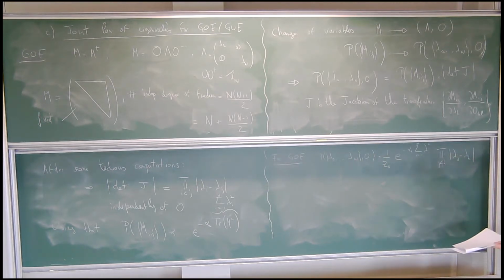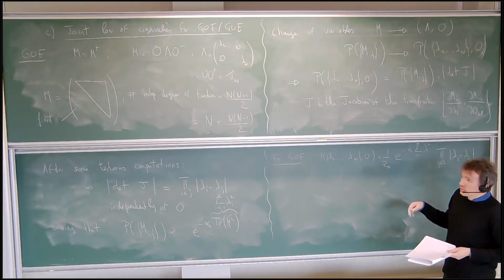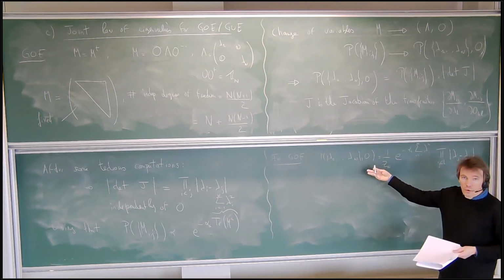Okay, so that's the answer. Now you see it's independent of O, so I can immediately get the marginal distribution of the eigenvalues by integrating over O.